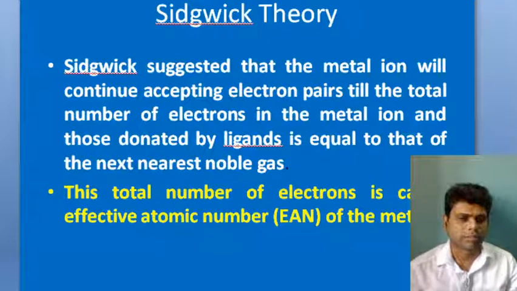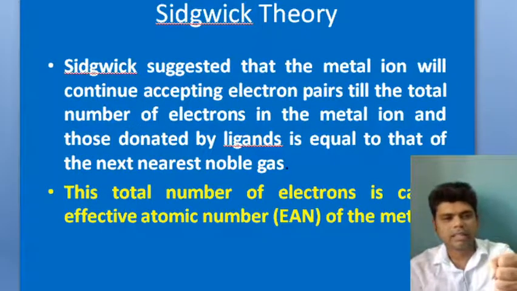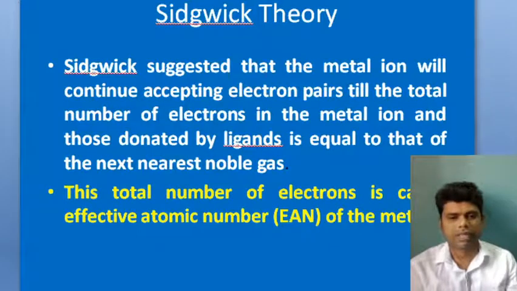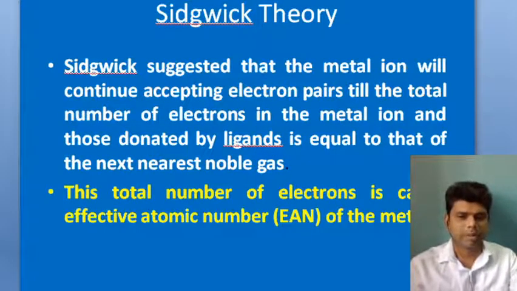The total number of electrons that the central metal atom or central metal ion attains is given as a number called the effective atomic number. That's Sidgwick's interpretation. There is an electron pair acceptor and an electron pair donor: the donor is your ligand, and the acceptor is your central metal atom.